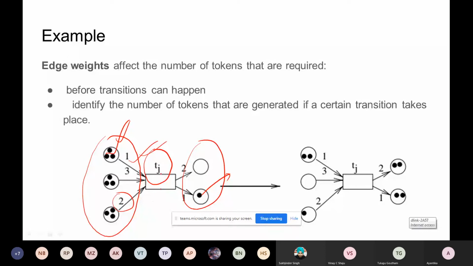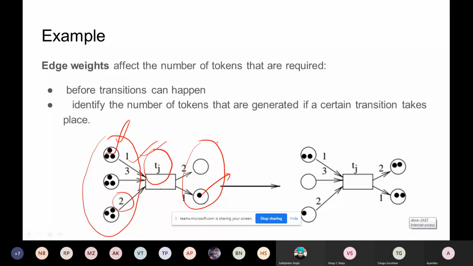That means due to this transition, in this place or state, one single post condition will be generated. Here for these states, 2 different post conditions can be generated.